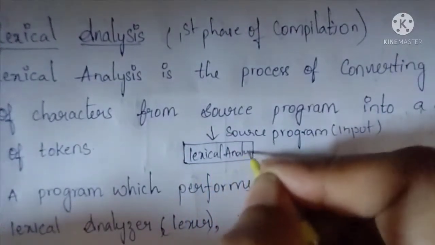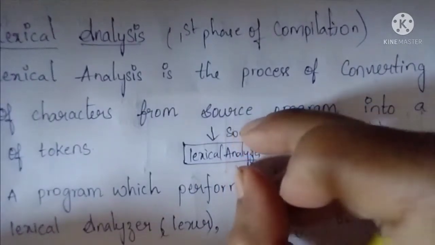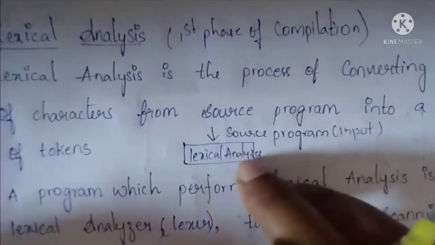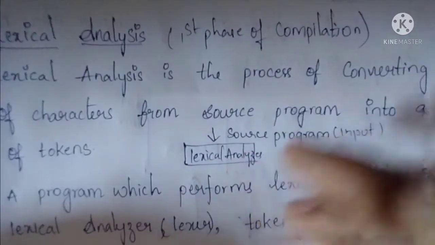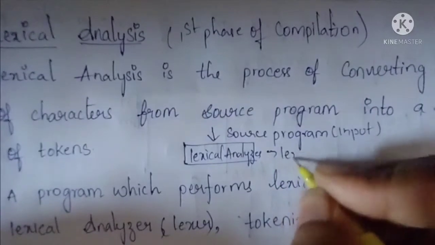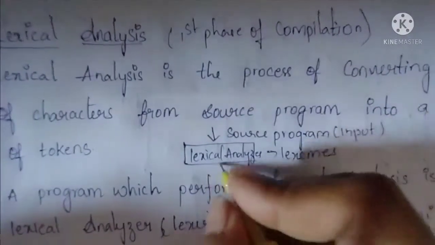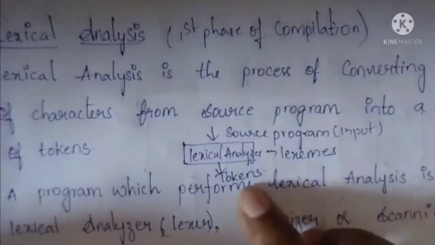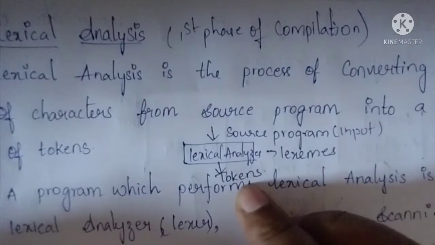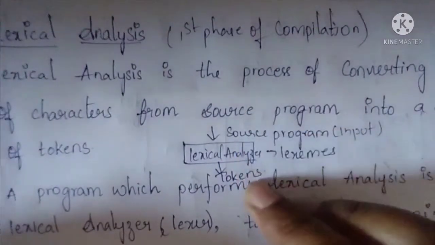And what is the role of the lexical analyzer? This is the first phase of the compilation process. It reads the characters in a source program and generates lexemes, and those lexemes we call tokens. So the lexical analyzer takes the source program as an input and generates the tokens as an output.